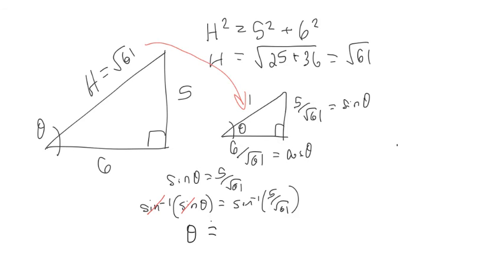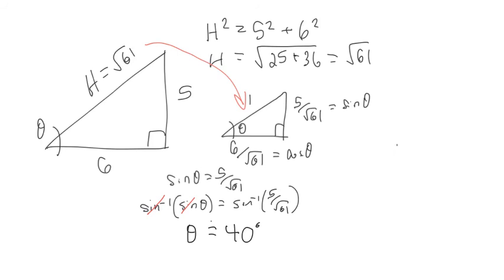On most scientific calculators you get this by pressing the second button and then the sine button, and then you put in your ratio. So I'm going to do that. Okay, I worked it out and I found that my angle is about 40 degrees.